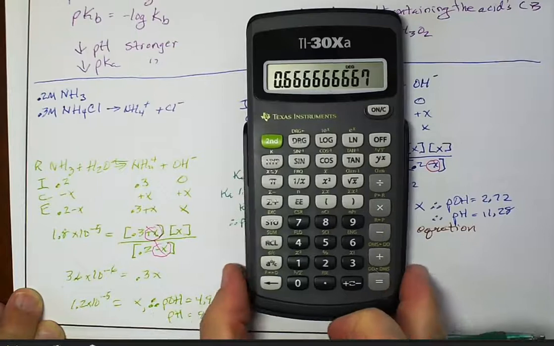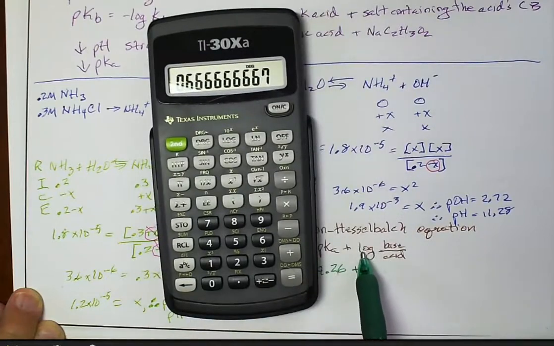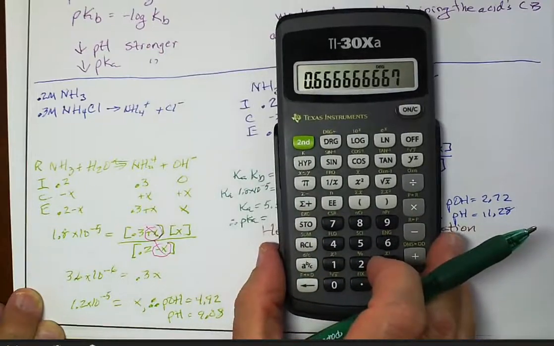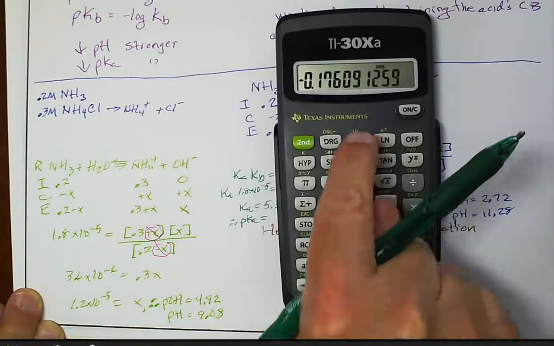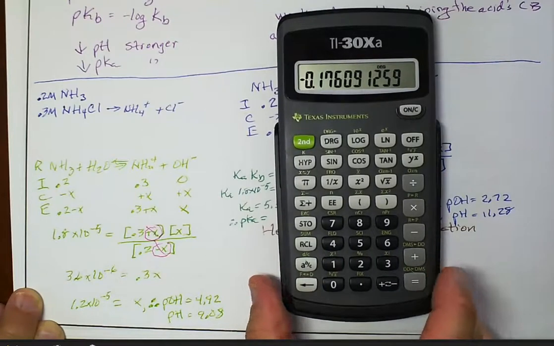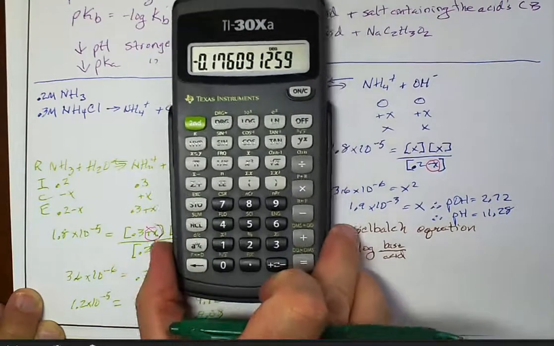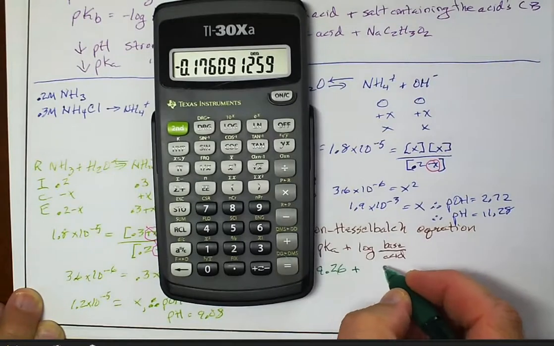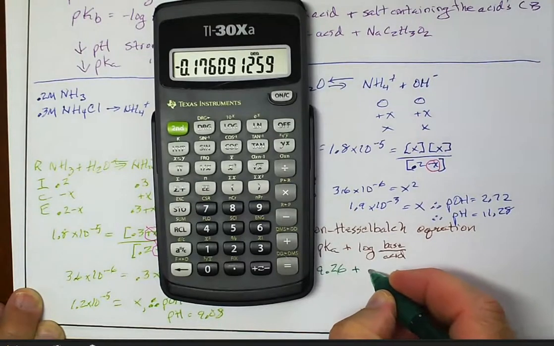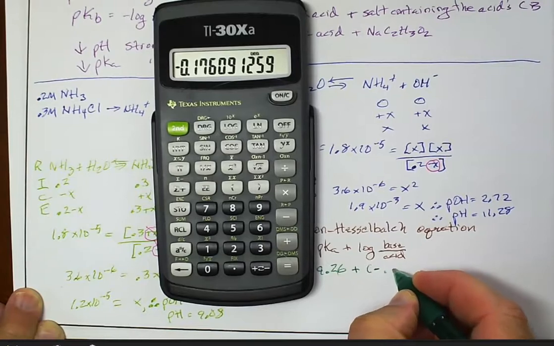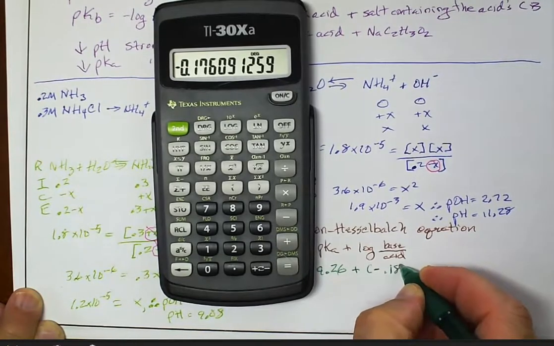Now, we need the log of that 0.2 over 0.3. We need the log of 2/3. So let's get the log of that. And it's negative 0.176. All right, so we've got 9.26 plus a negative, I'm going to just say 0.18.